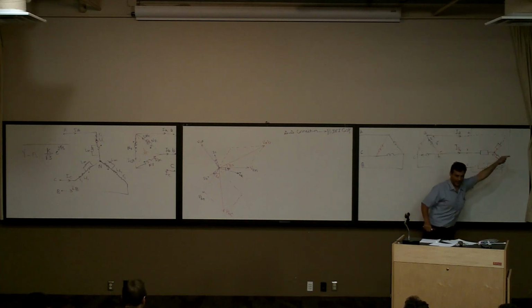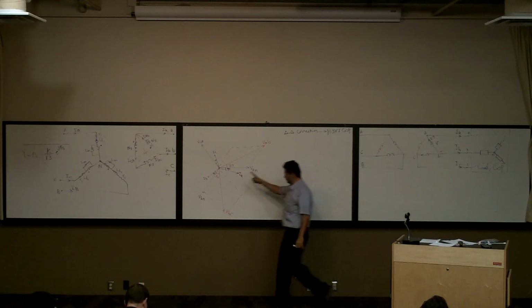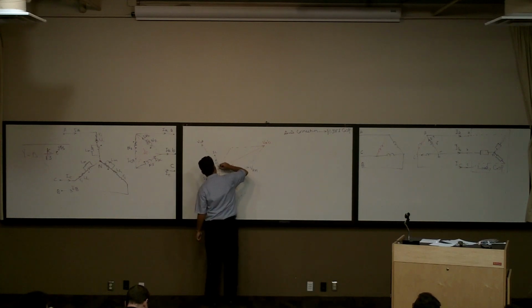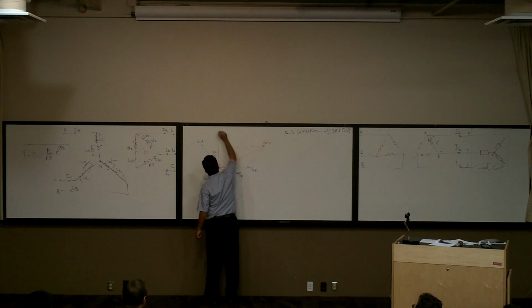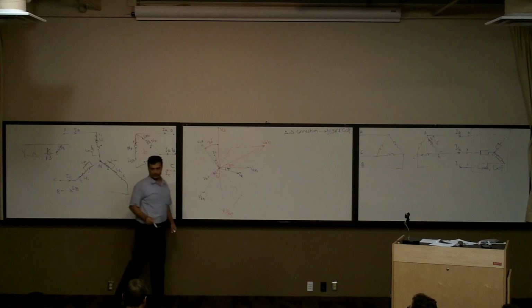Current is going from A, I said VAB. Current is going from C, so I need to calculate VCB. So I have VBC, and this is VC. How much is this angle? 30 degrees.